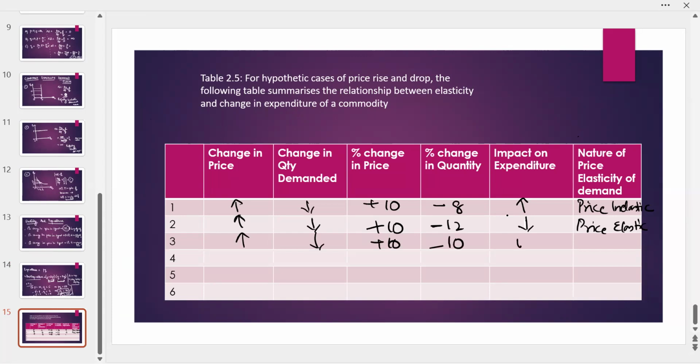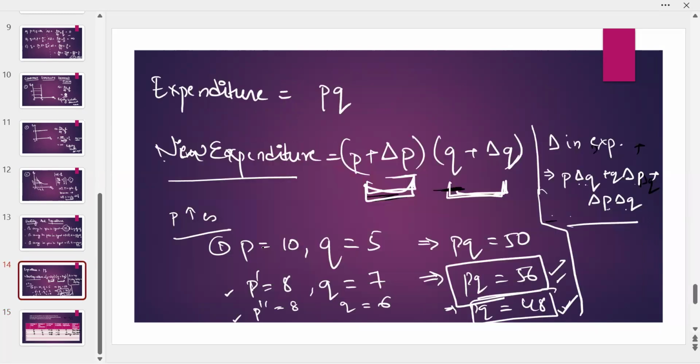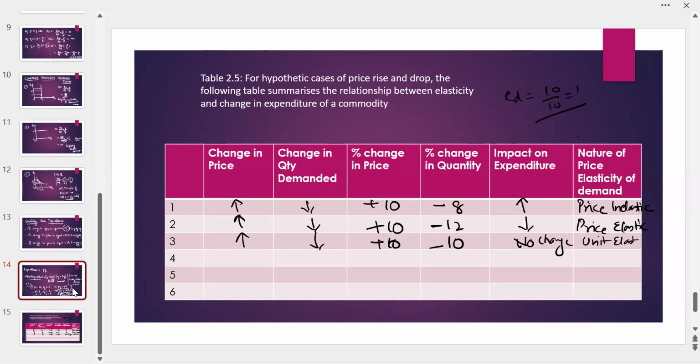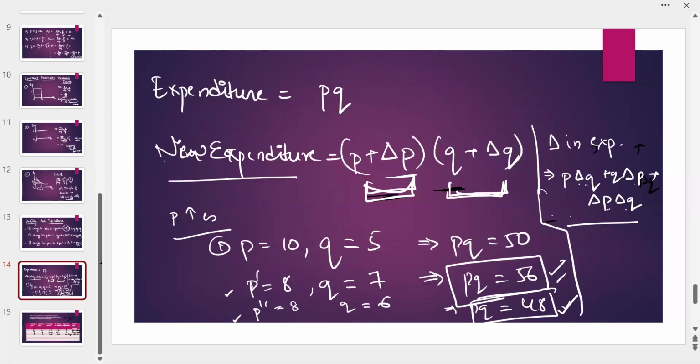The impact on expenditure would be that there will be no change, and we call it unit elastic. Why do we see this? Because the elasticity of demand in that case, 10 upon 10, is 1. Right. And if we put in these values, let's say earlier the price has increased from 10 to 12.